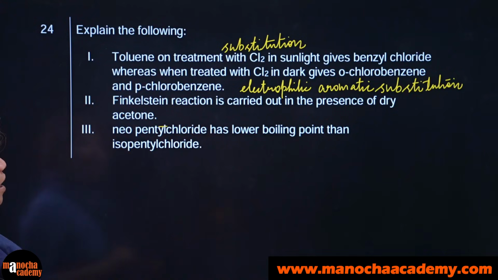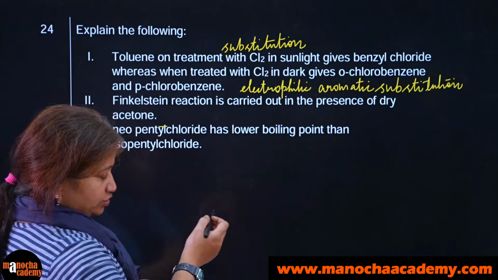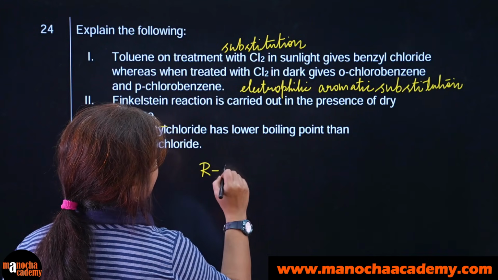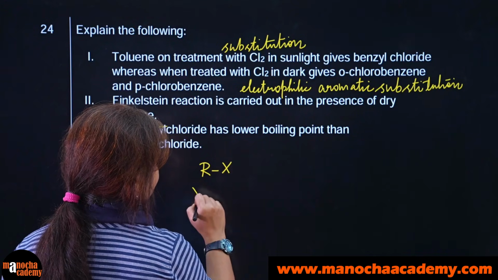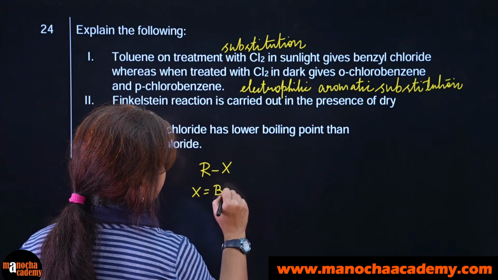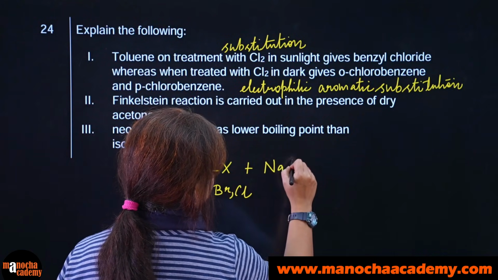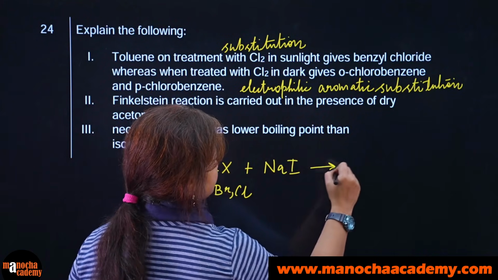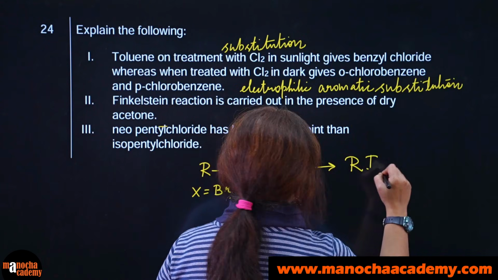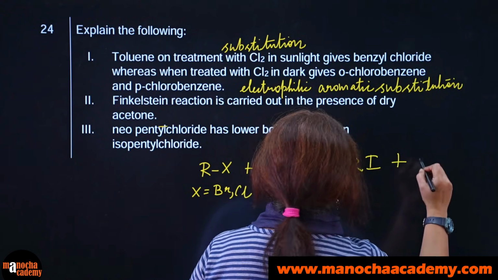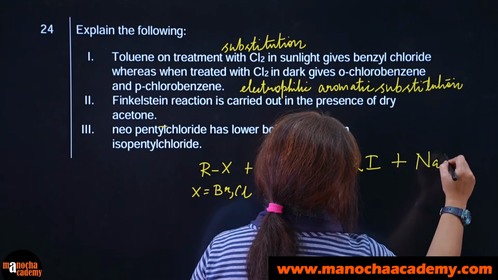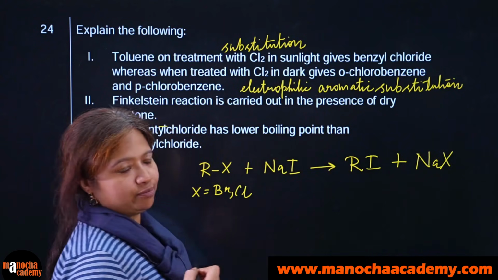Now, the Finkelstein reaction is carried out in the presence of dry acetone. If you remember the Finkelstein reaction, you take any RX, where X can be either Br or Cl, plus NaI. You get alkyl iodide plus NaX, which is NaCl or NaBr.